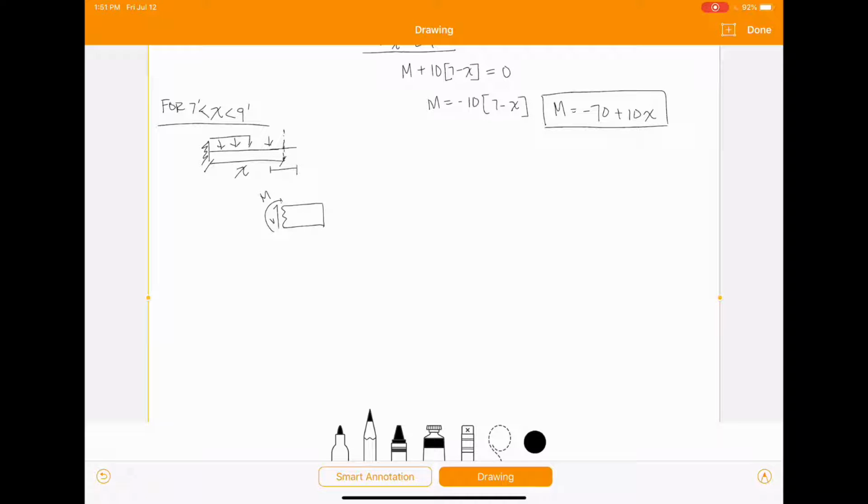All right, and then you can use your equations of equilibrium to determine that v equals 0 and m equals 0. All right, so now that we've got that, we can go ahead and draw our shear and moment diagrams.